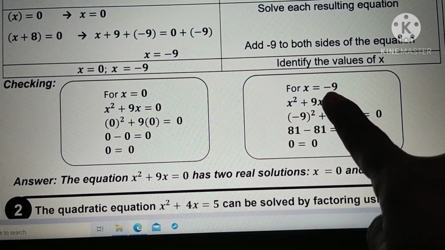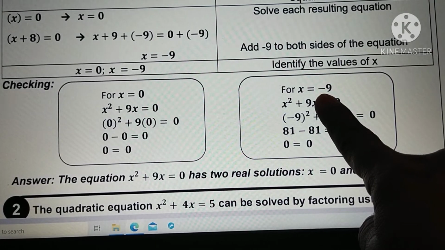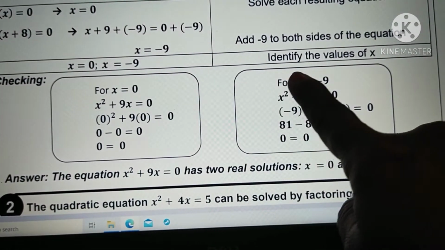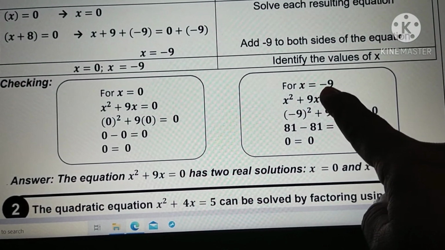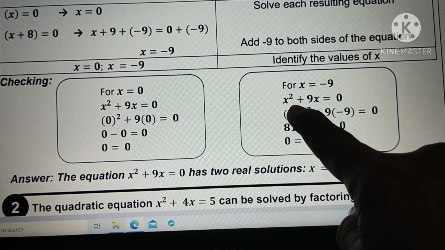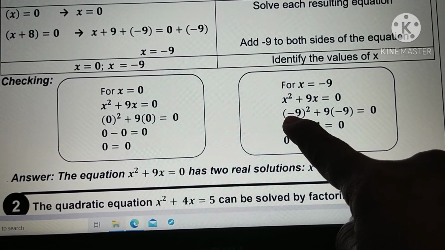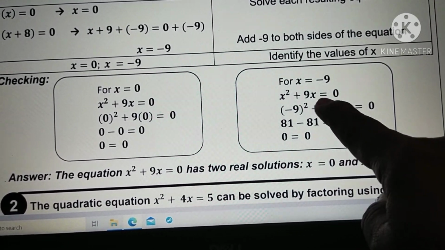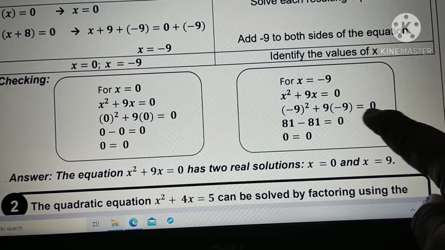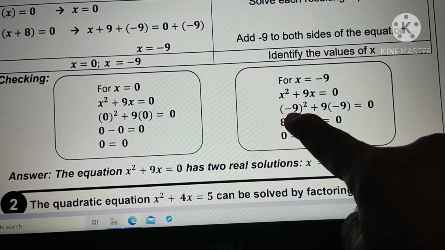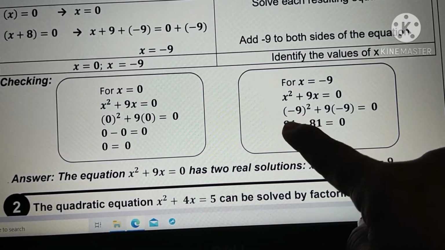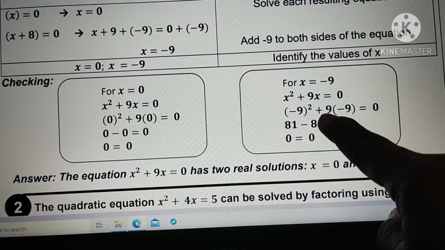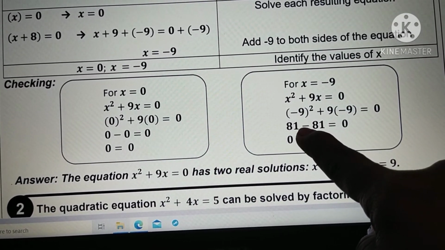How about when x is negative 9? One of the solutions is also negative 9. We replace x with negative 9 in the original equation: negative 9 squared plus 9 times negative 9 equals 0. Negative 9 times negative 9 is positive 81, but positive 9 times negative 9 gives negative 81.